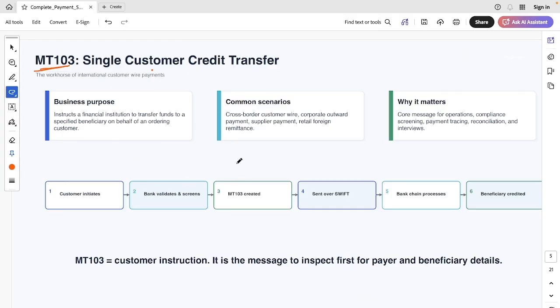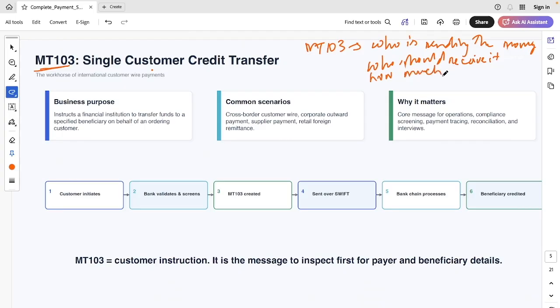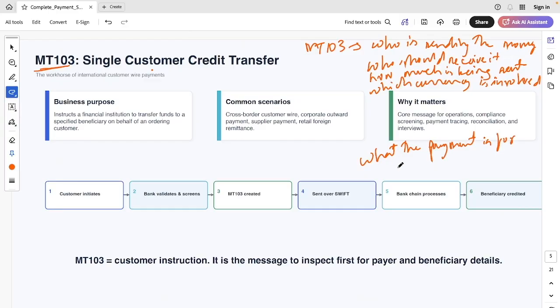It tells the receiving bank, or the payment chain, who is sending the money, who should receive it, how much is being sent, what currency is involved, what the payment is for, that is the purpose of the payment, and what the charges involved are.